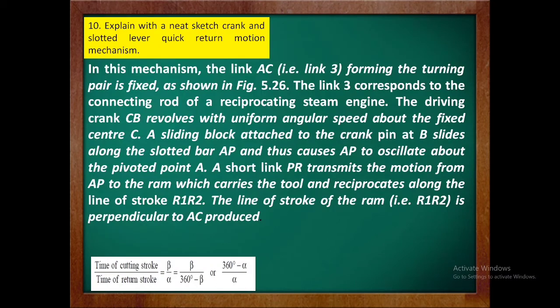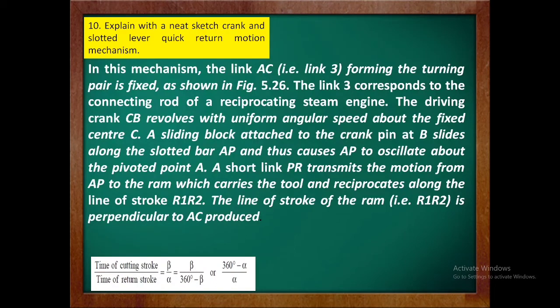A sliding block attached to the crank pin at B slides along the slotted bar AP so that it causes AP to oscillate about the pivoted point A. A short link PR transmits the motion from AP to the ram, which carries the cutting tool and reciprocates along the line of stroke R1 and R2.